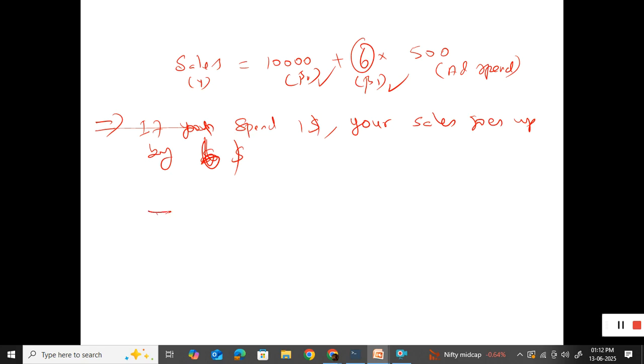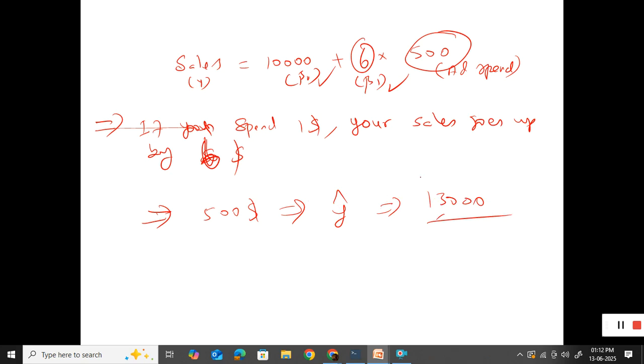So here, if I spend $500, the estimated sales is going to be 13,000. This is my predicted value. Let's say your manager asks you, hey, you are a data scientist, if I spend an additional $1, how much am I going to get in sales?